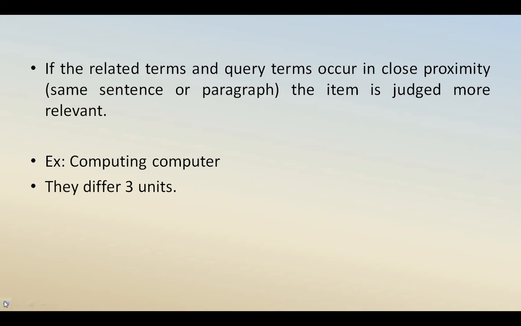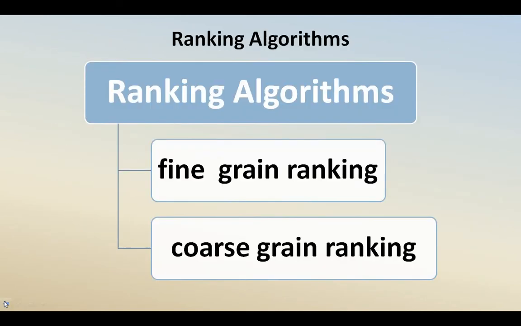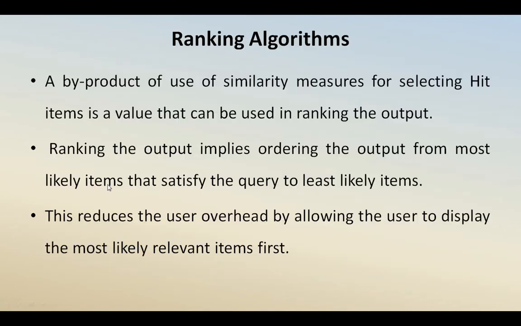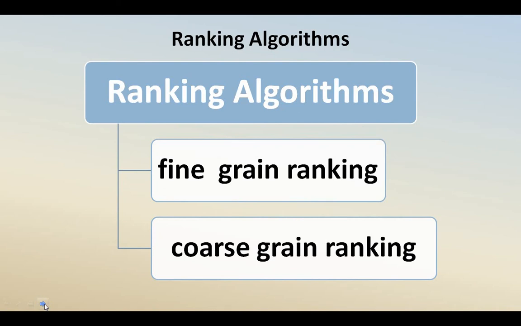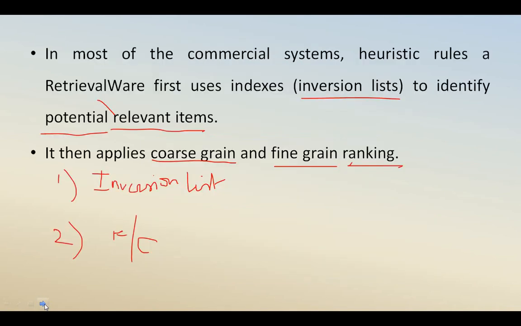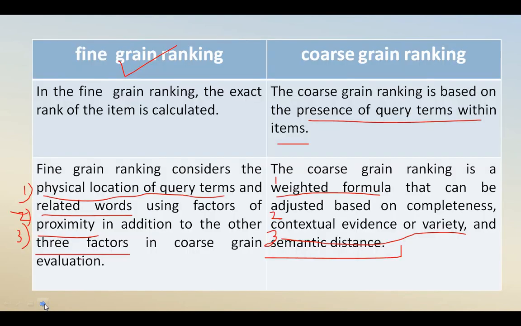Like that we have seen the ranking algorithms. The topmost relevant items can be given by using these ranking algorithms, which are divided into two types: fine grained ranking and coarse grained ranking. These ranking algorithms are not directly applicable; only after the inversion list can we apply them. Comparing both, fine grained ranking is the better one, and the exact rank of the item is calculated.